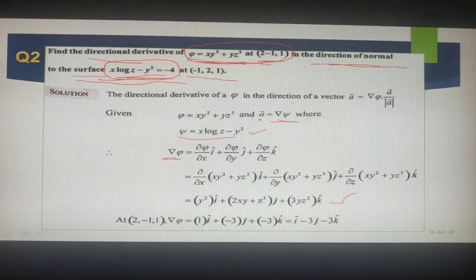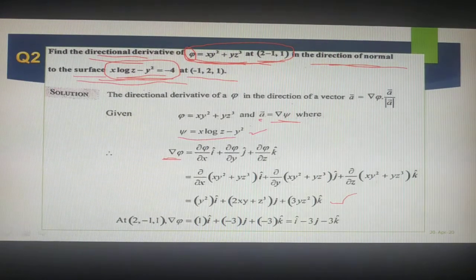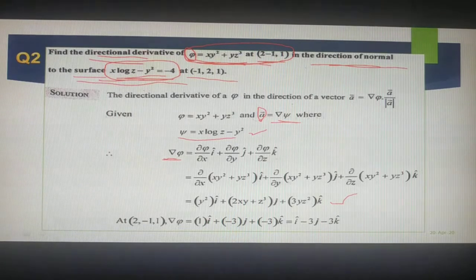Now the problem here is that we have to find a directional derivative for this scalar point function phi in the direction of some vector. They have not provided that vector a directly. Indirectly they provided that vector a bar. How to get this a bar?